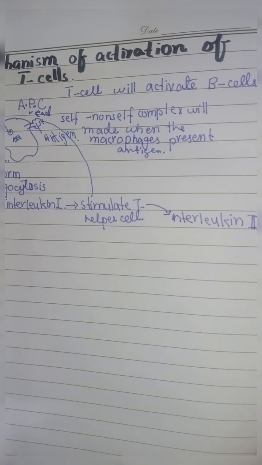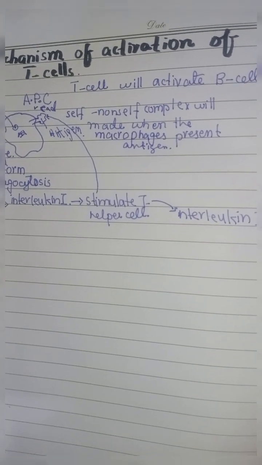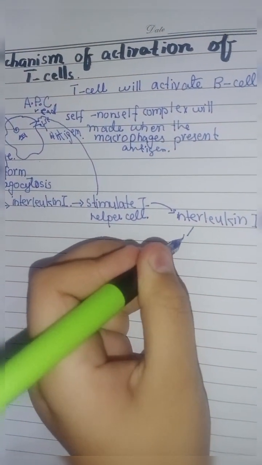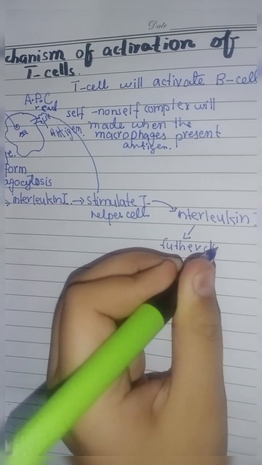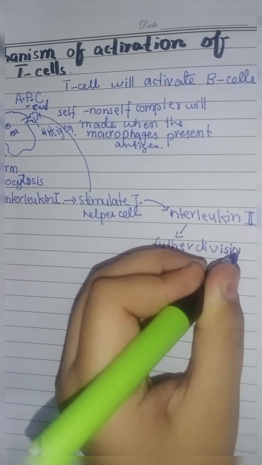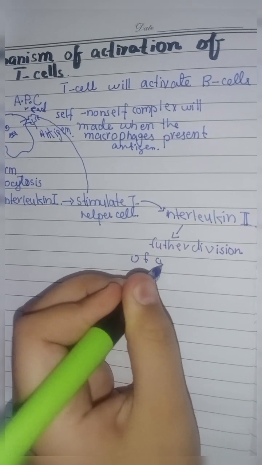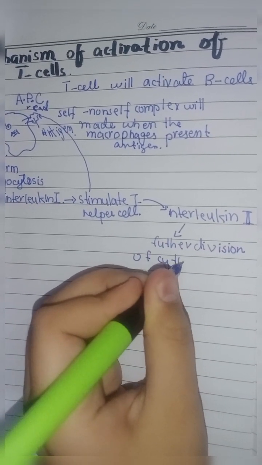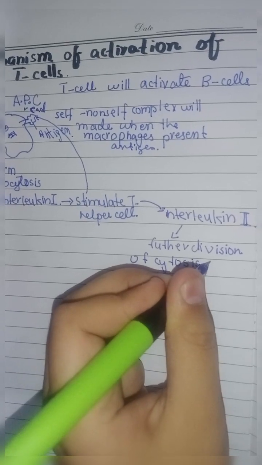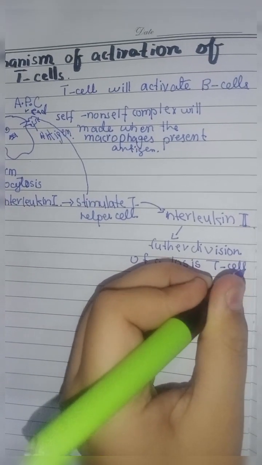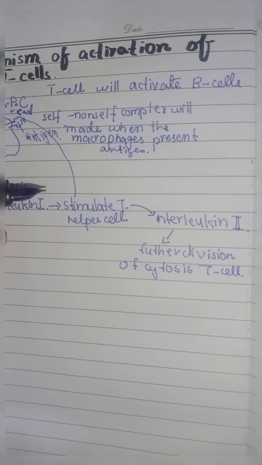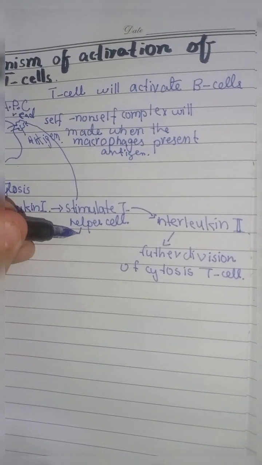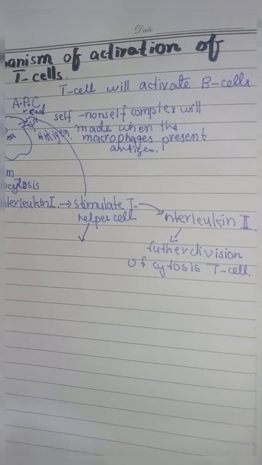After releasing interleukin 2, further division of cytotoxic T cells occurs.